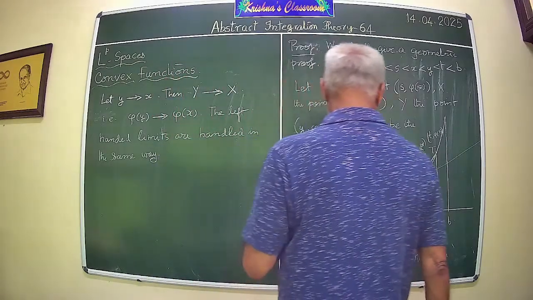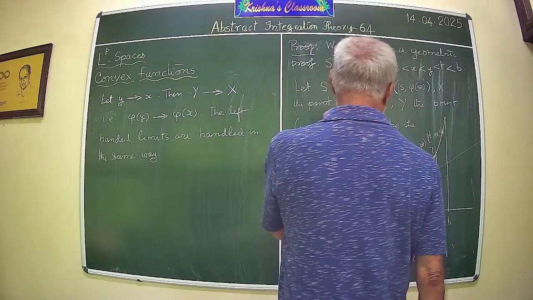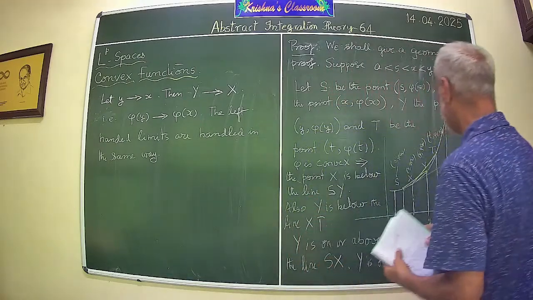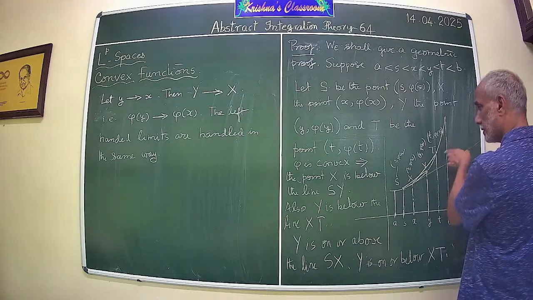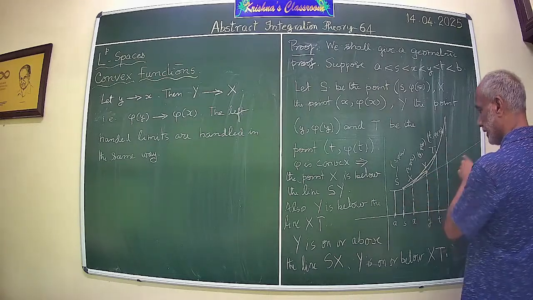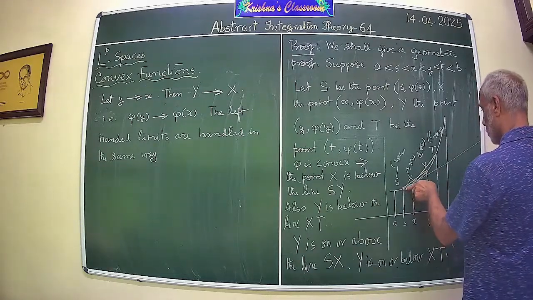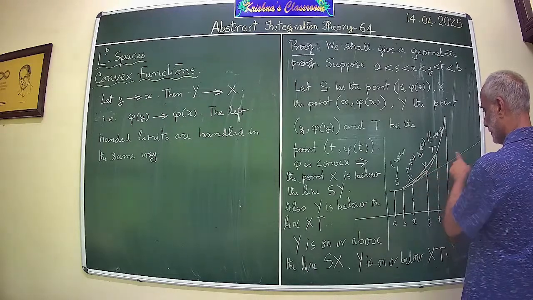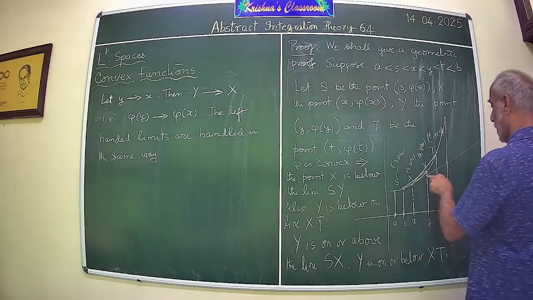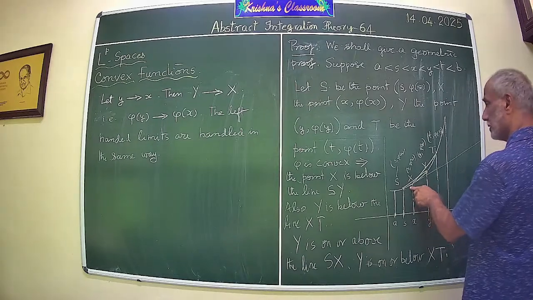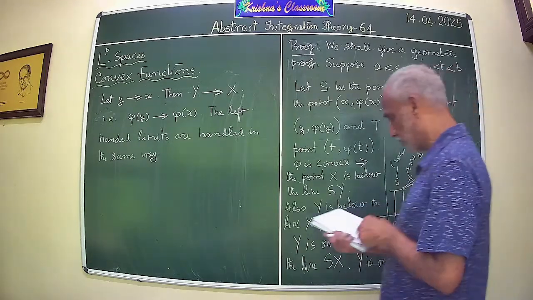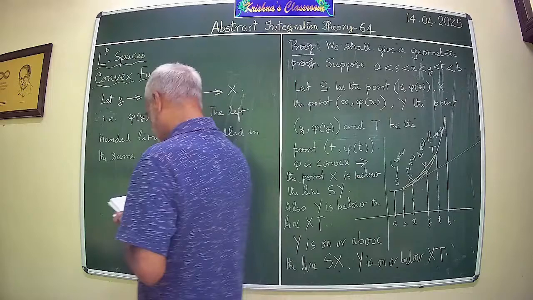Okay, then what do you get? This is the slope at x, this is the slope at y, and we take the limit. So the slope of the tangent to the curve at y is greater than or equal to the slope of the tangent at x. That is what we assert.